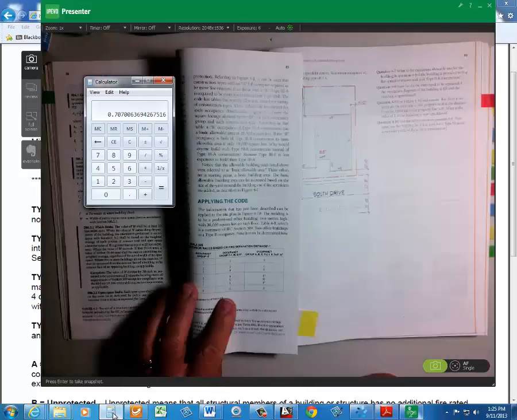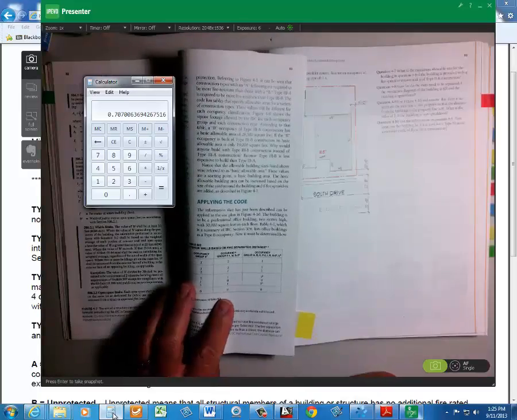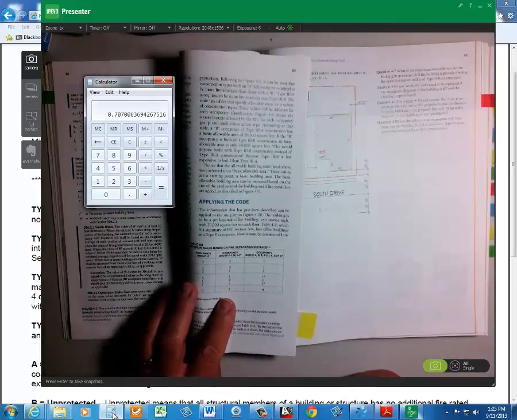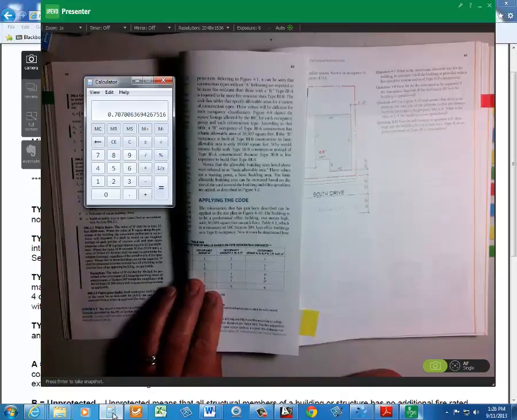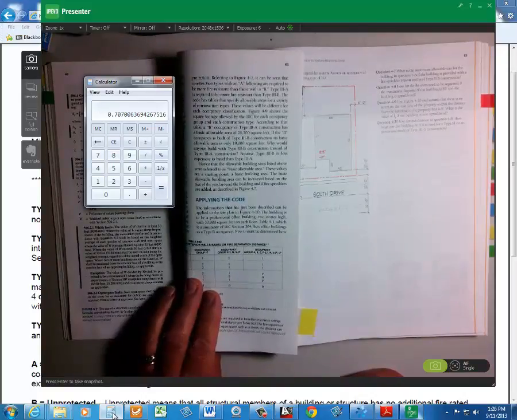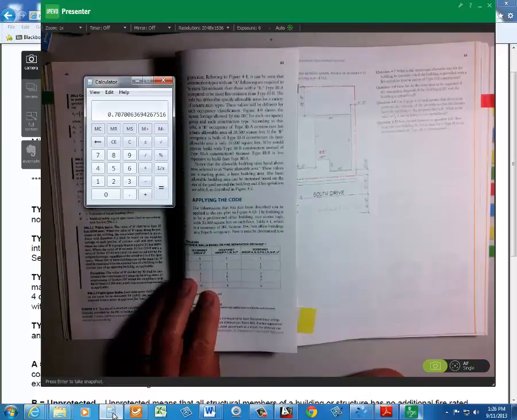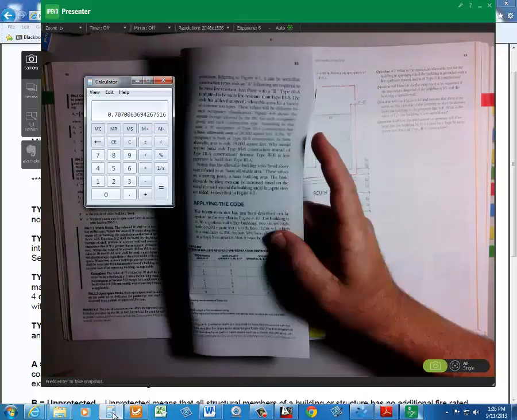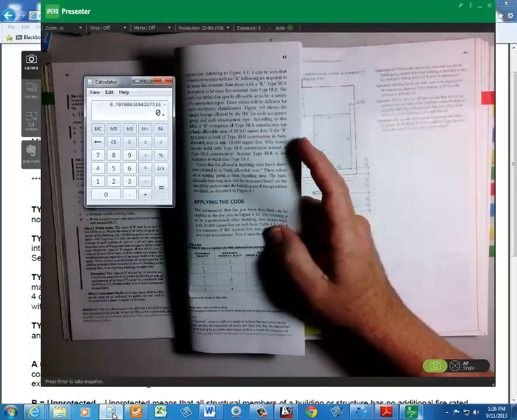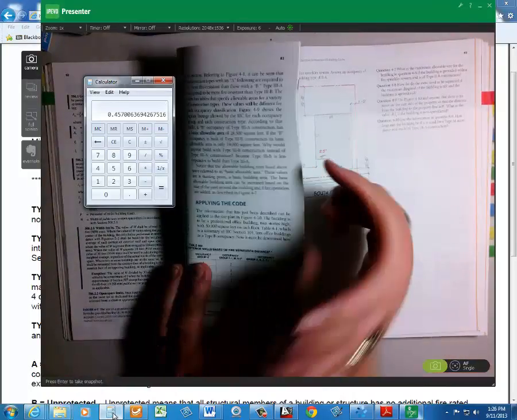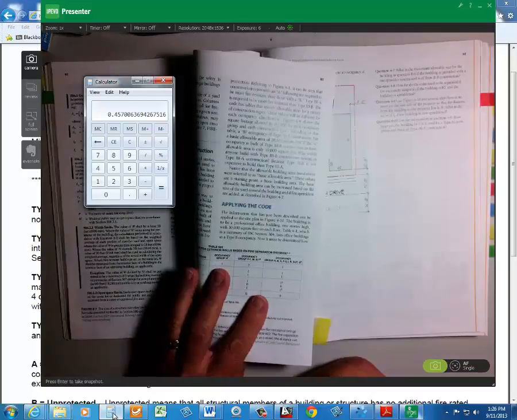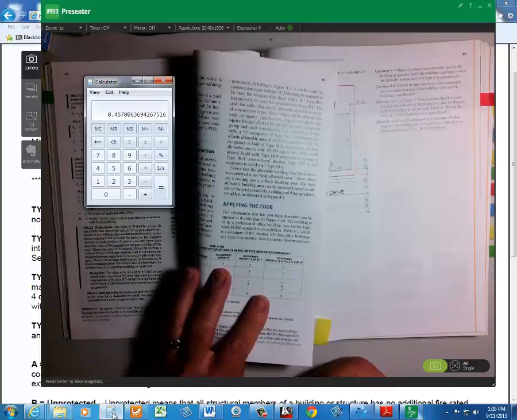That'd be a percentage if we wanted. And then we subtract from that 0.25, because that's a percentage. 0.707 minus 0.25 leaves us with 0.457 and some change.